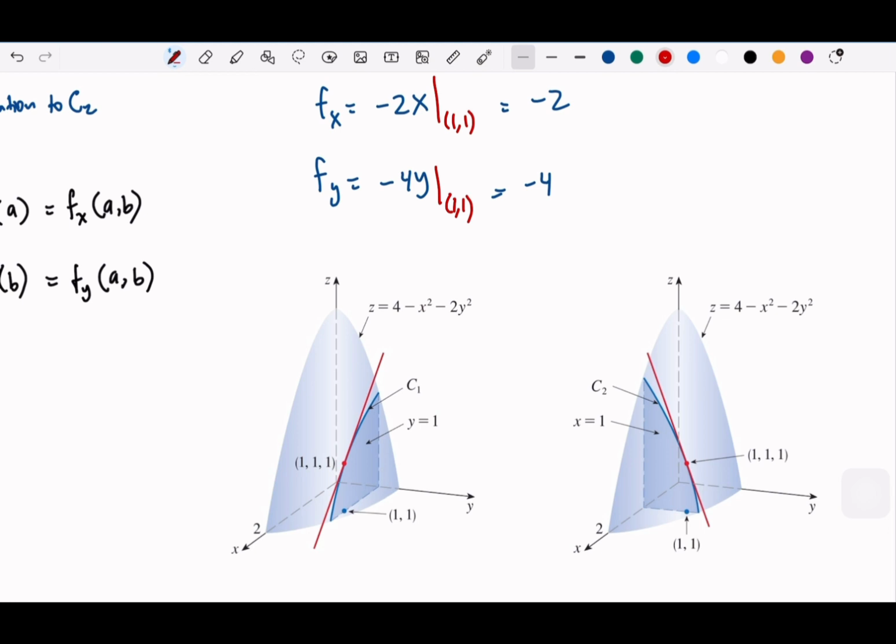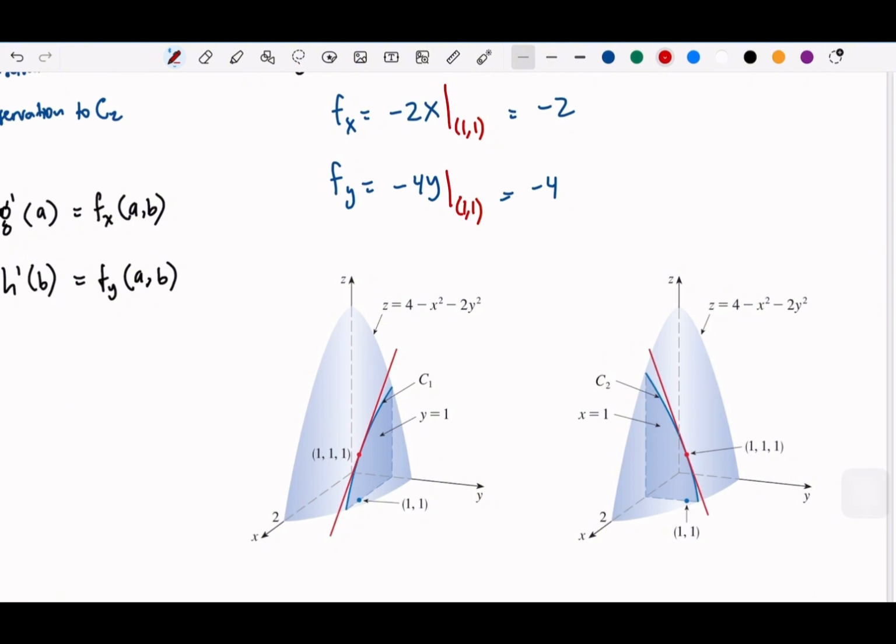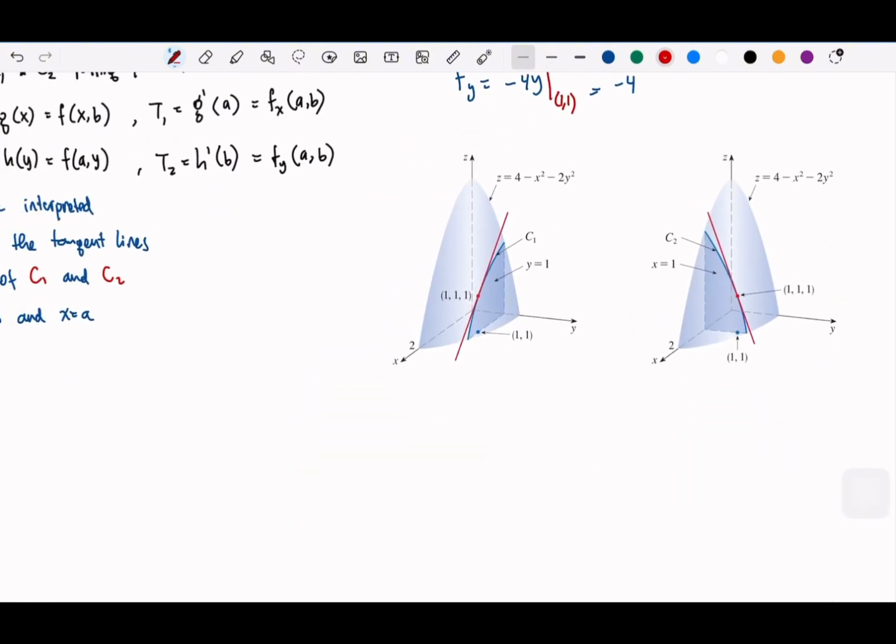And we can also represent the partial derivative as rate of change. Okay, let me write here. We can represent partial derivatives as a rate of change, just similar to what we have in calculus 1.